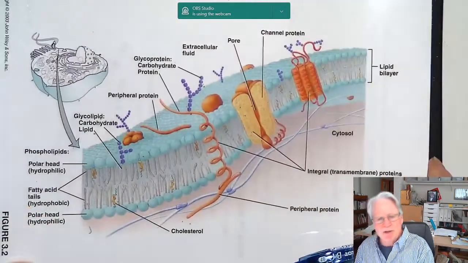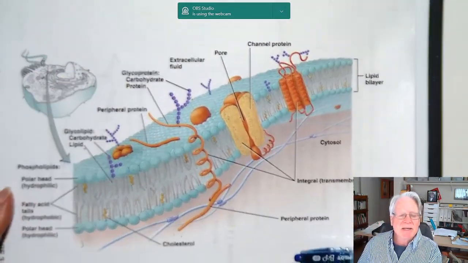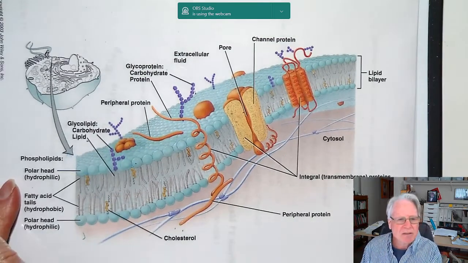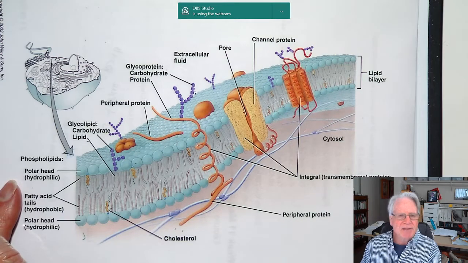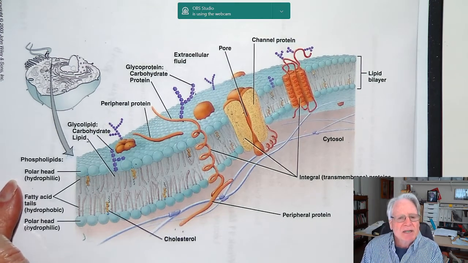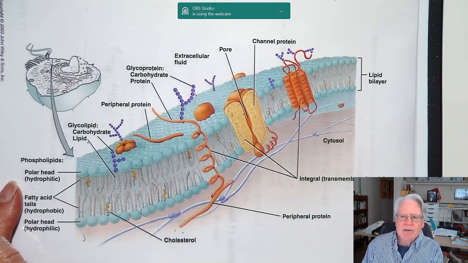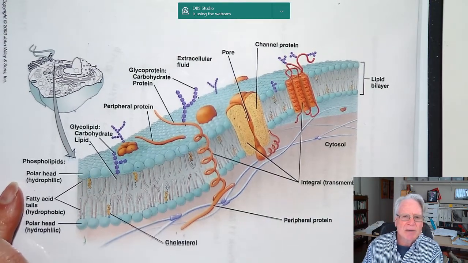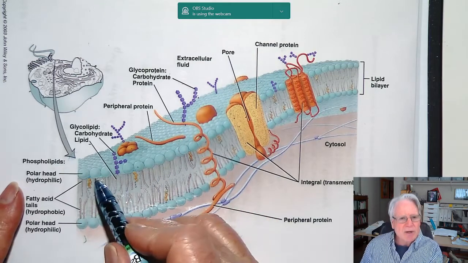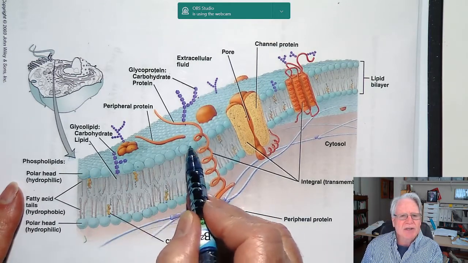We'll spend some time looking at this, and then we'll get some more notes, and then we'll come back and look at this to emphasize what we wrote in our notes. So this is a plasma membrane of the cell, and as you can see, it's fairly complex. There's a lot going on here. And just to quickly identify the major parts that we'll end up talking about.